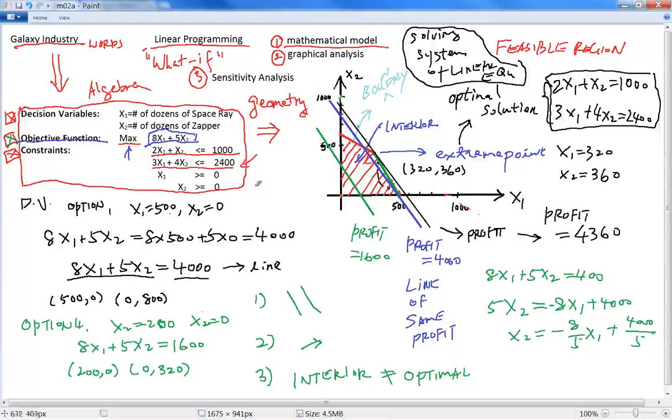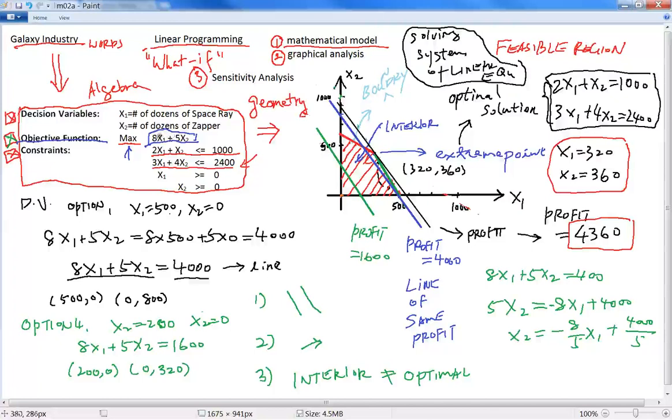So how would those variations affect our optimal solution and also our maximum profit? In the next few minutes, I just want to give you some overview of what those what-if analyses entail. Details will be provided in the next segments of the lecture.